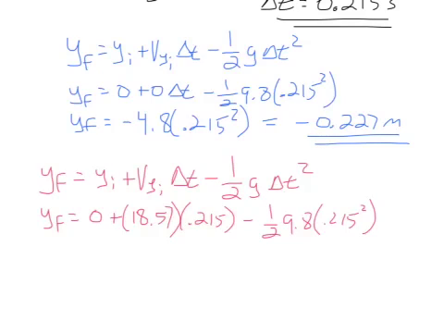So setting my initial position for the dart at 0, I've got my initial velocity in the y direction and the amount of time that it takes to go the 10-meter range. I end up with a height of 3.77 meters for the dart.